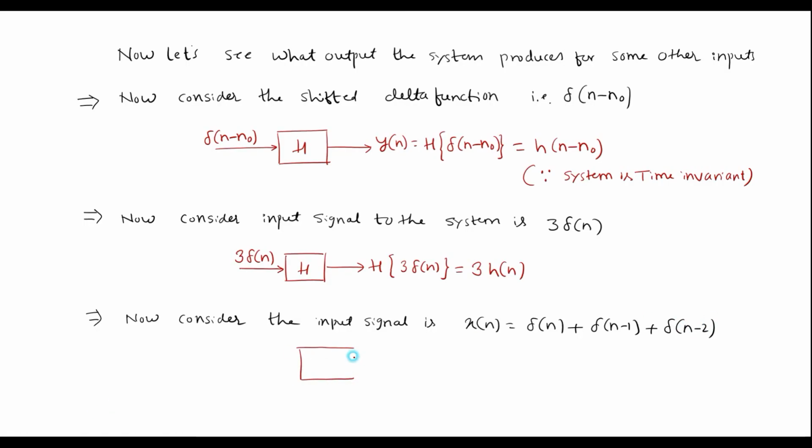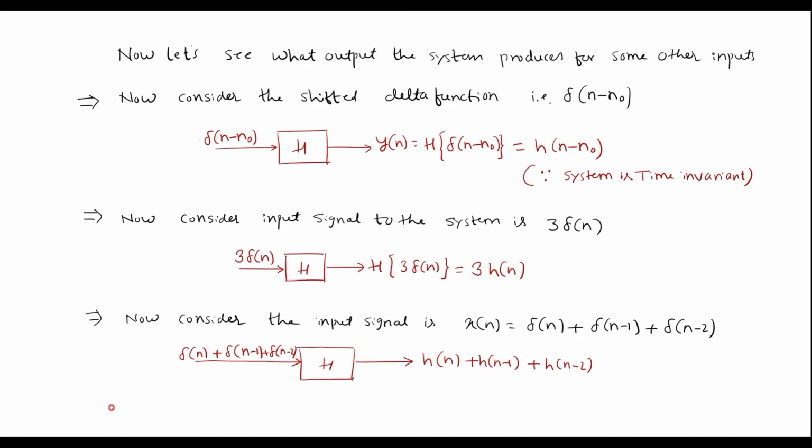In this case, we apply as input to the system the sum of signals delta of n, delta of n minus 1 and delta of n minus 2. Now the output of the system you will get as h of n plus h of n minus 1 plus h of n minus 2.